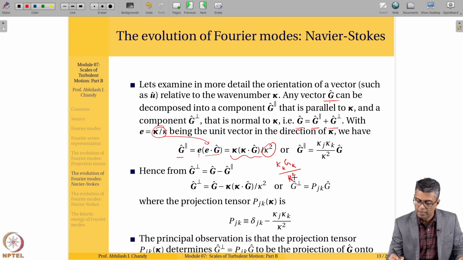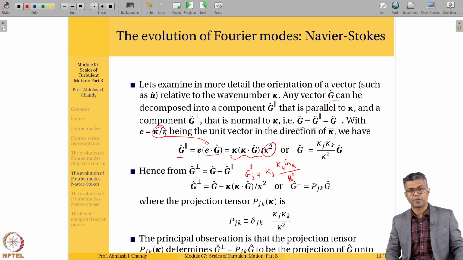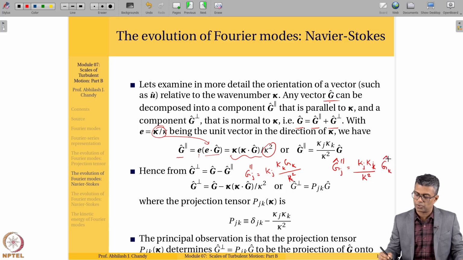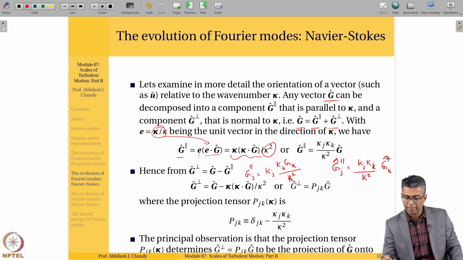This is kappa squared, and because you have a kappa on the outside, it would be kappa j, and this would be equal to g parallel j. You see it? So g parallel j, obviously hat because it is in Fourier space, is equal to kappa j kappa k divided by kappa squared multiplied by g k hat, of course, in index notation. I am writing this partly as a vector and index as kappa j kappa k over kappa squared times g hat.